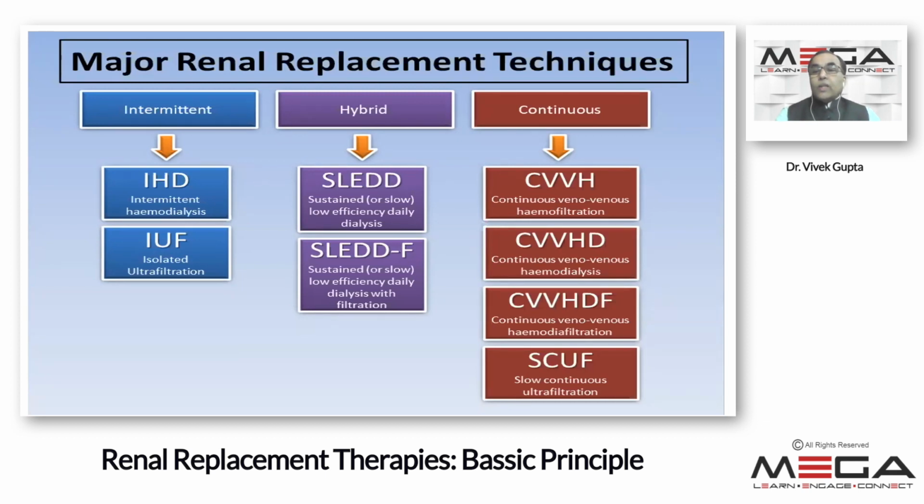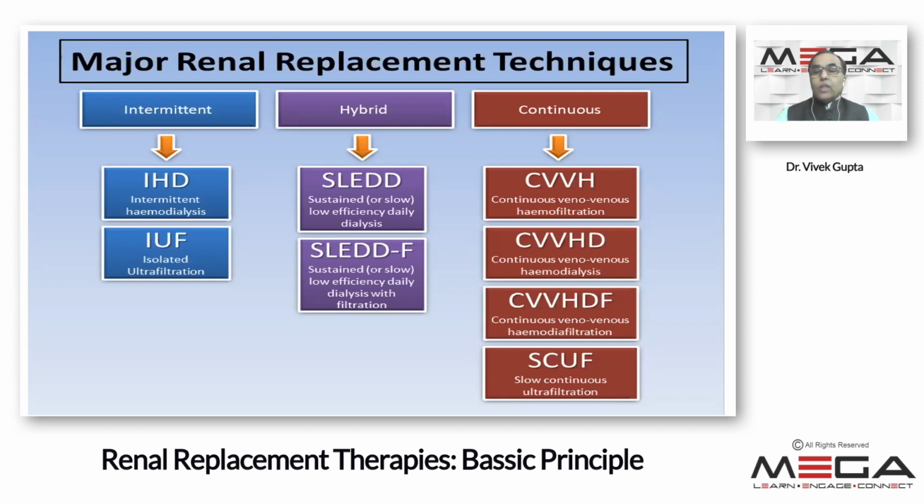The other extreme is continuous therapy in the form of CVVH, continuous veno-venous hemofiltration, continuous veno-venous hemodialysis, continuous veno-venous hemodiafiltration, or slow continuous ultrafiltration. When we say continuous, the therapy exceeds 24 hours, or even goes for several days. And between these two come the hybrid therapies, which are not for such a shorter duration.